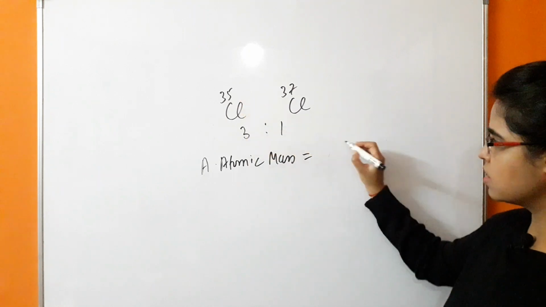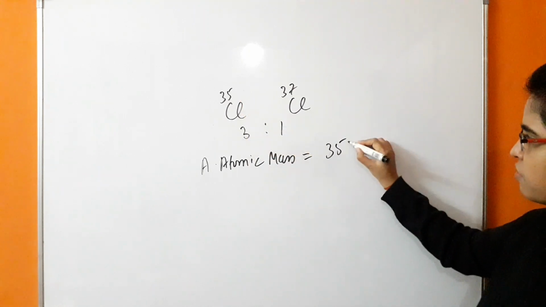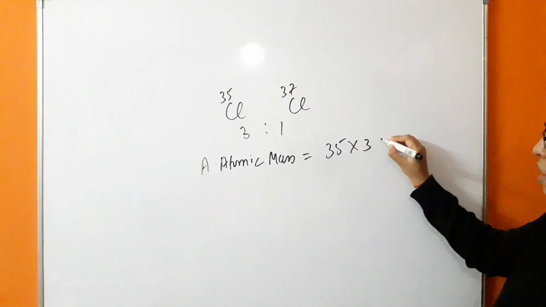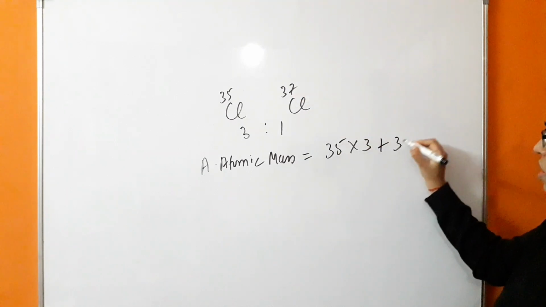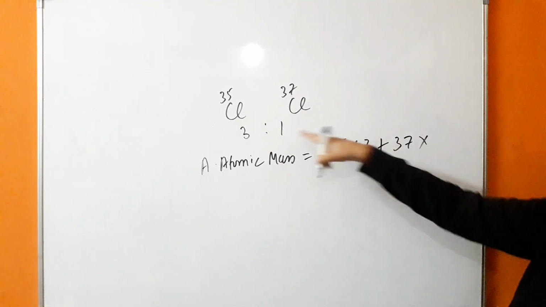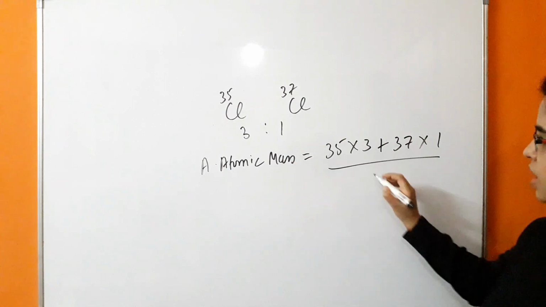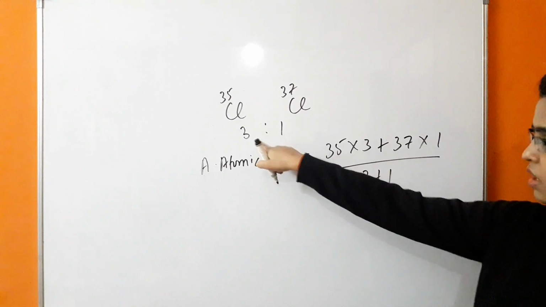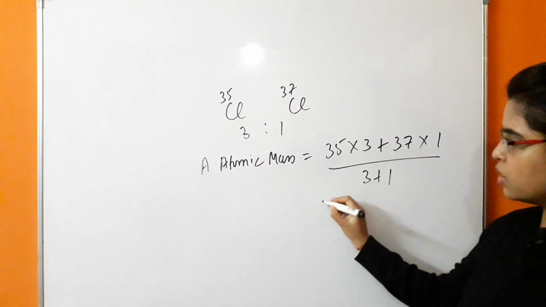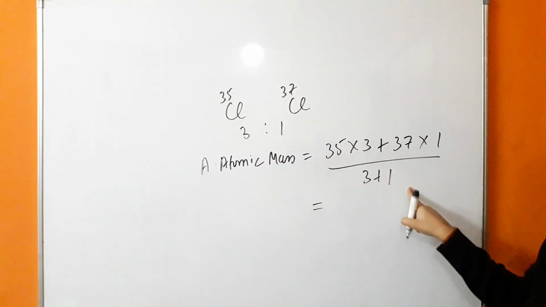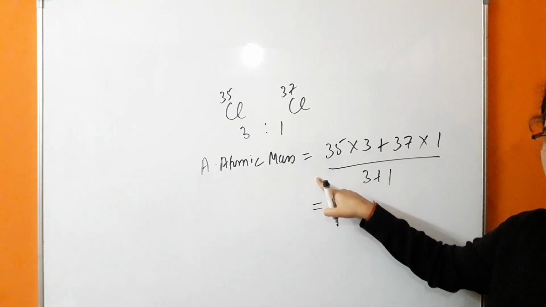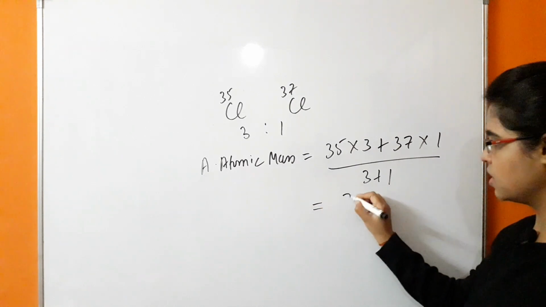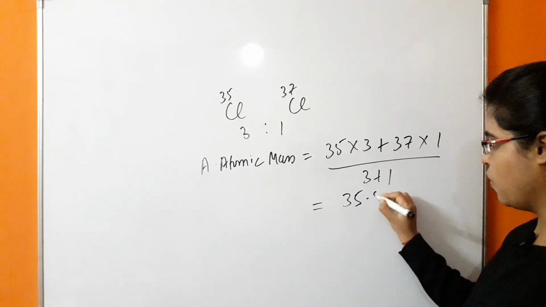So in this case, chlorine-35 into 3 plus chlorine-37 into 1, divided by 3 plus 1, that is, on adding both numbers in the ratio, 4. After calculation, the average atomic mass obtained for chlorine is 35.5.